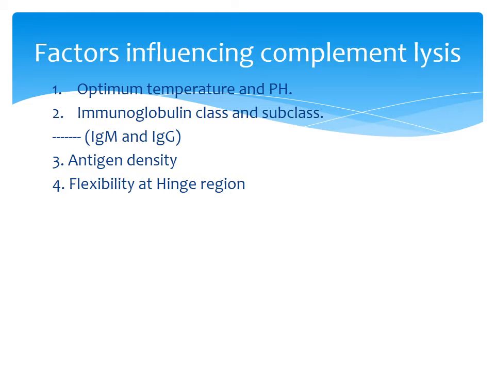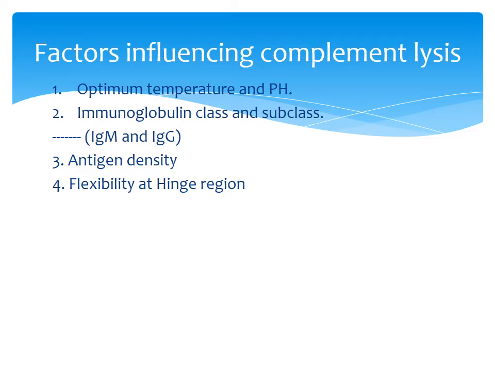As we have seen in the classical pathway, it is triggered when the antigen-antibody complex binds and then stimulates the protease activity of the C1 complex. Antigen density and flexibility at the hinge region of the antibody matter, because we know that the antibody binds to the antigen with specificity through specific receptors, the paratopes, upon encountering a novel antigen.